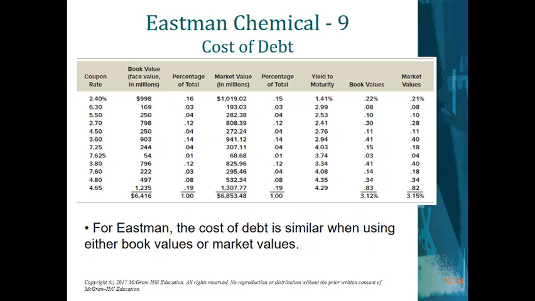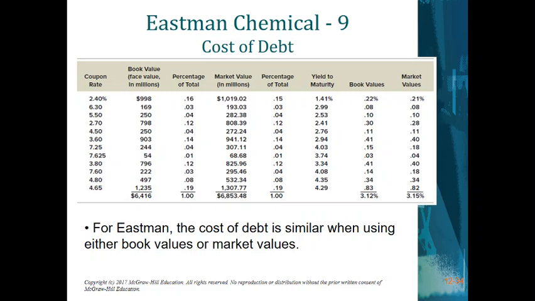Take that 15% and multiply it by the yield to maturity, and depending on whether you're using the book value, if you use the book value, it's 998 times 16%, 0.16. What you come up with there is 0.22%, in the next to the last column to the right.